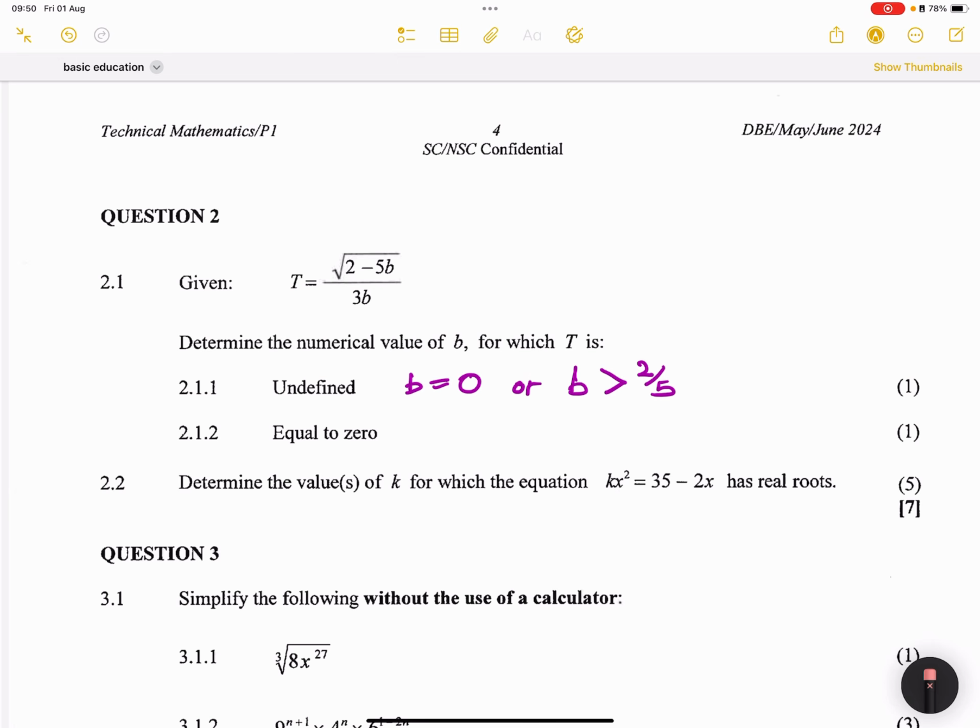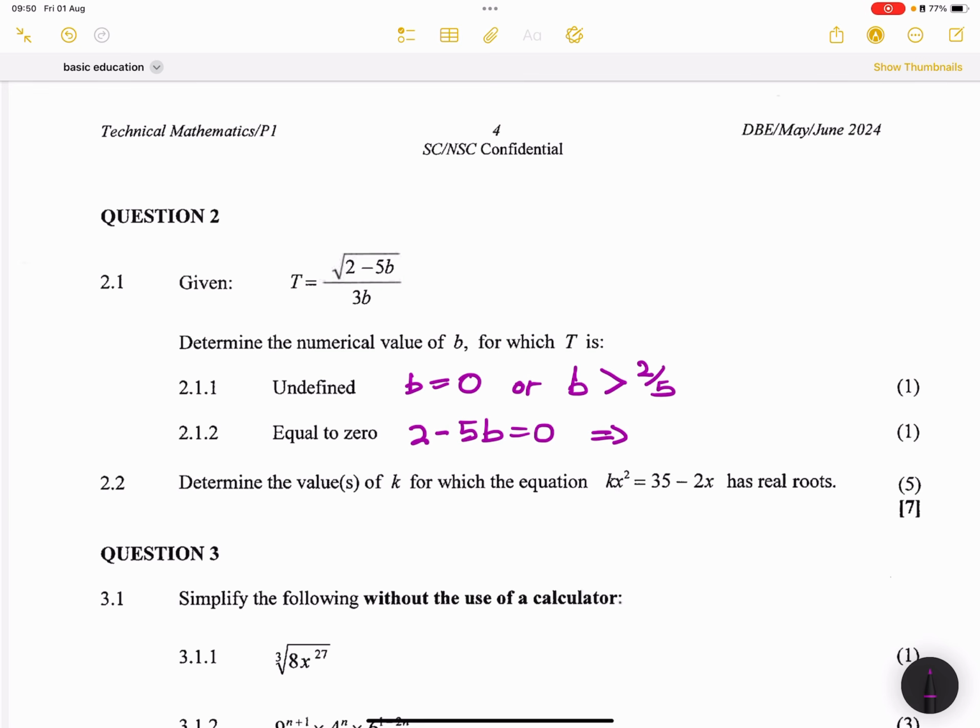For 2.1.2 they say, determine the values of b for which t is equal to 0. Well, when would we have this equal to 0? When the numerator is equal to 0. So when 2 minus 5b is equal to 0, and of course we can simplify this again, just like I did the first one.